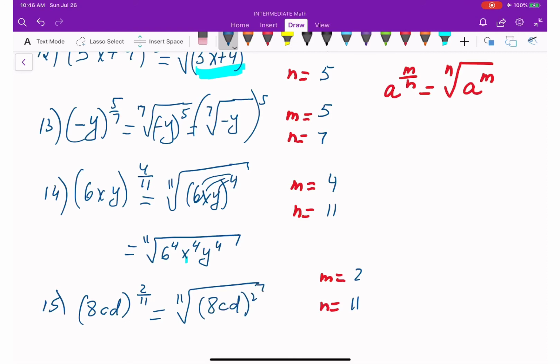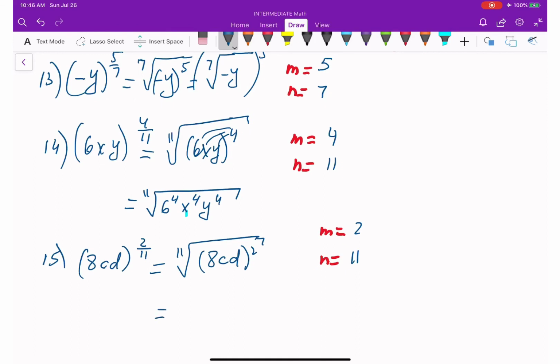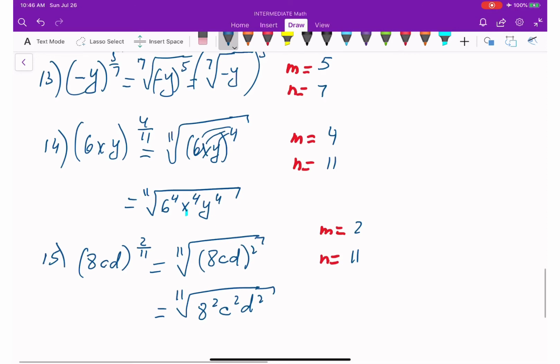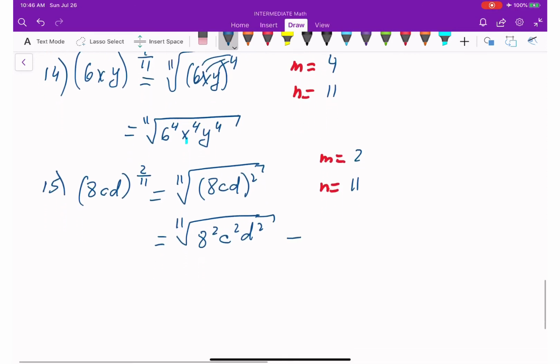Or I usually write down right away, it's going to be every single term. You can distribute: 8 squared, c squared, d squared. That's it. We know 8 squared is 64, therefore we are writing down the 11th root of 64, c squared, d squared.